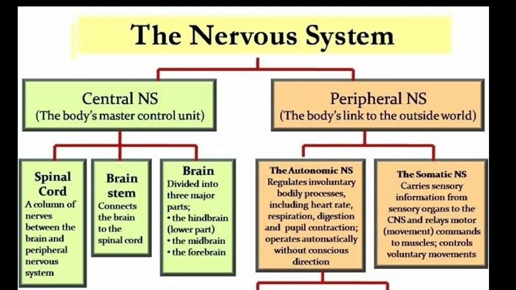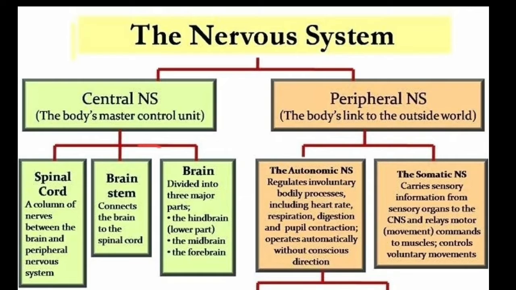And the nerves that connect the brain and the nerves that are linked to the outside world is called the spinal cord. Okay? That means it acts like a bridge that carries all the information from the nerves to the brain, and then from the brain to the nerves for response.